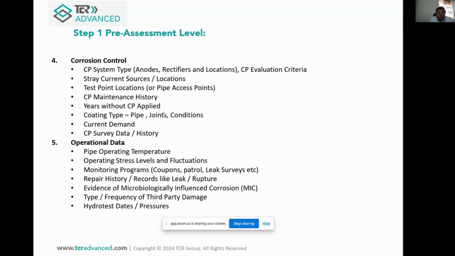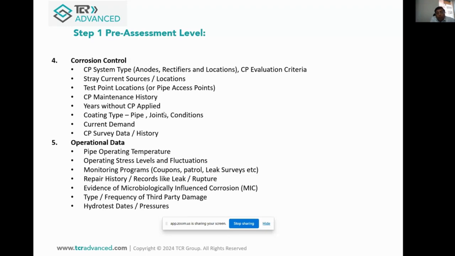Then, as I discussed earlier, evidence of microbiologically influenced corrosion, MIC. If soil chemical analysis is done correctly and you have identified a presence of sulfate reducing bacteria, you can design the CP system in such a way that will help you prevent MIC.